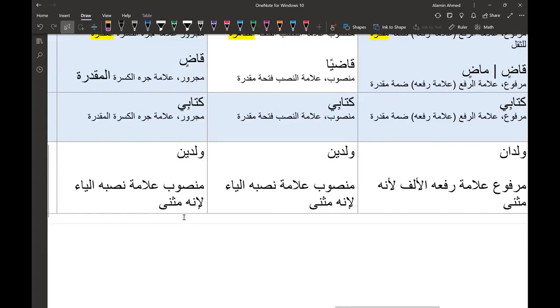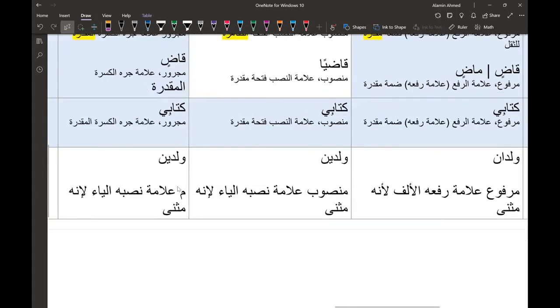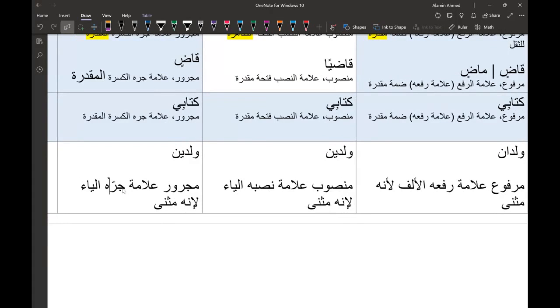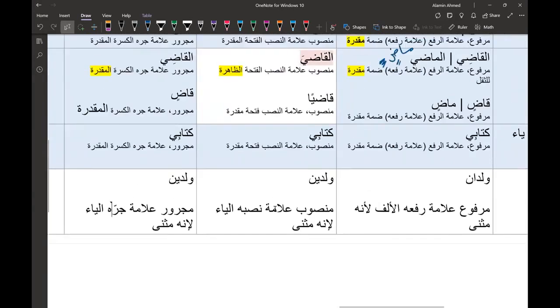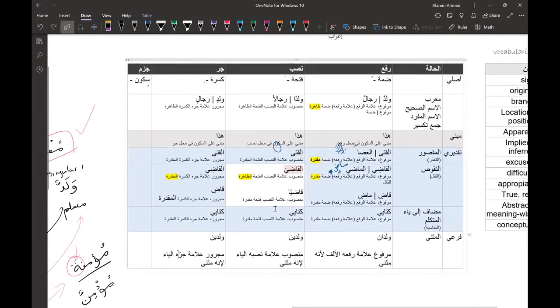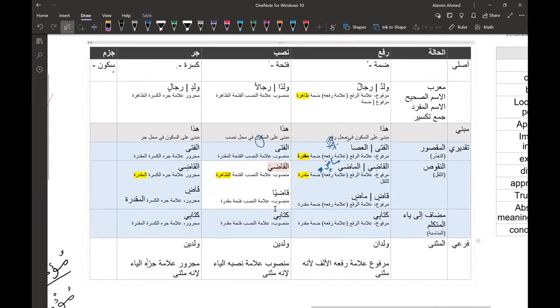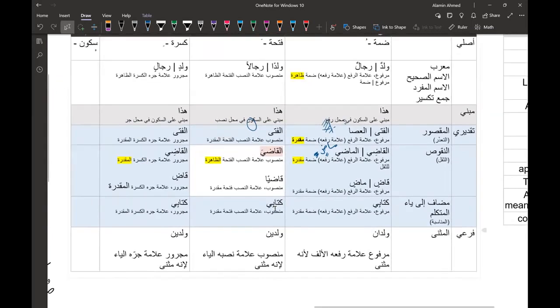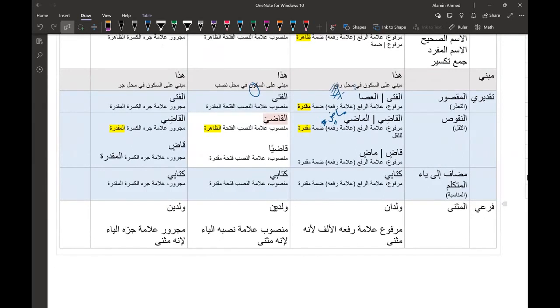Guys, if you don't learn this kind of thing, you're not studying the book properly. Honestly. Remember this: when we're studying this book, we want to get the grammar in a complete sense. And if you don't know this kind of statement, you will have a lot of problems picking up any book you want to. For example, you're stuck on a word in the Quran.